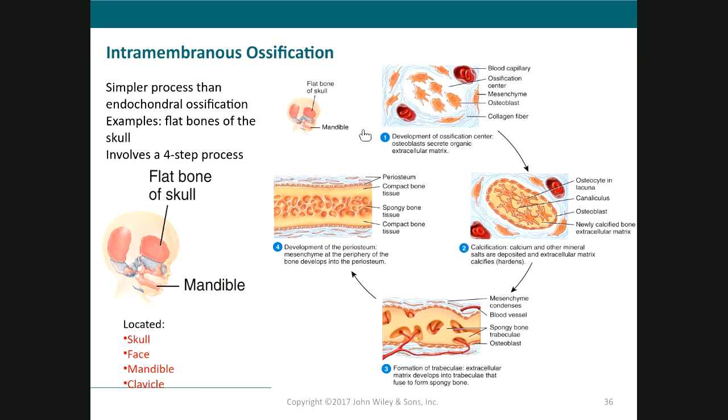So what happens is initially there's a development of an ossification center, and osteoblasts begin to secrete extracellular matrix, and there's a calcification of these bones as the extracellular matrix hardens, and then we develop the formation of trabeculae that will eventually develop into spongy bone, and then we develop the outer layers of the periosteum, which develops into the periphery of bones.